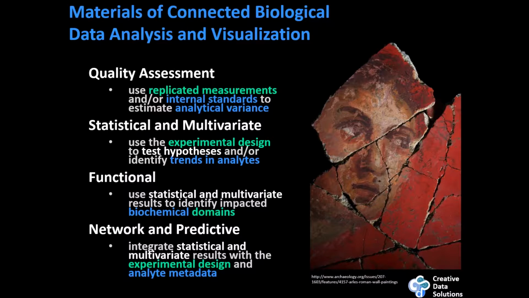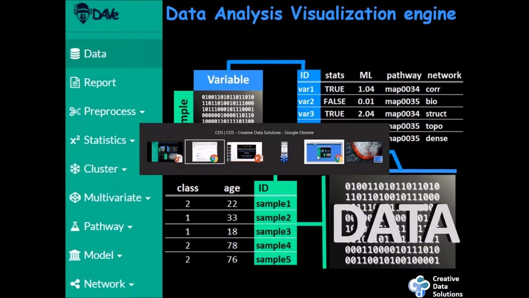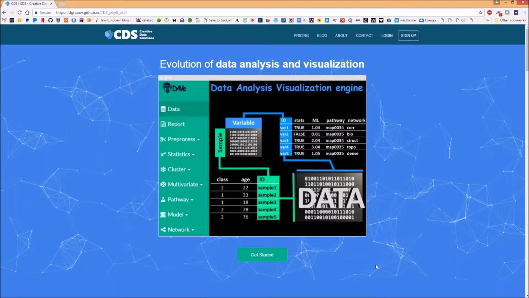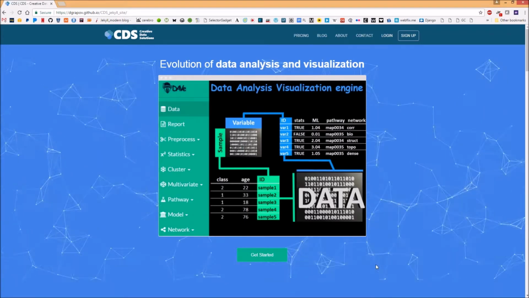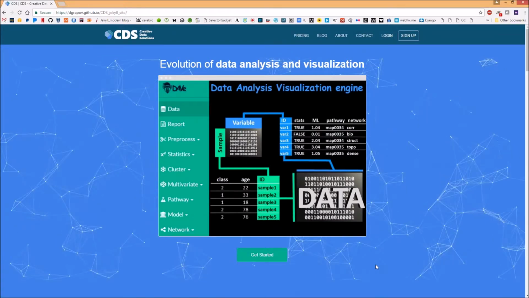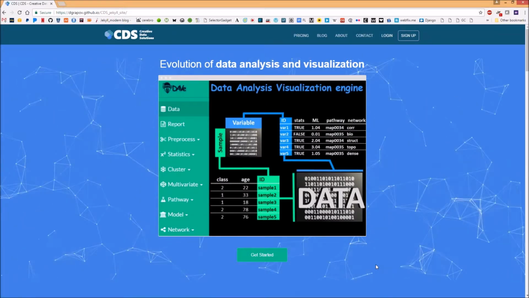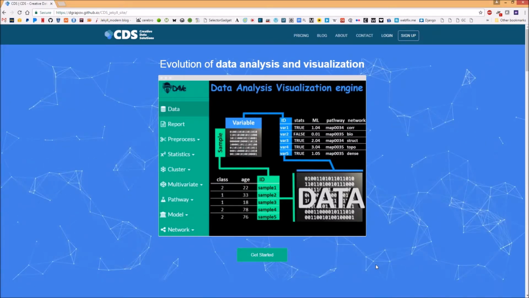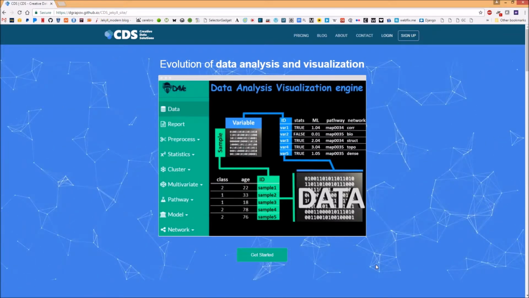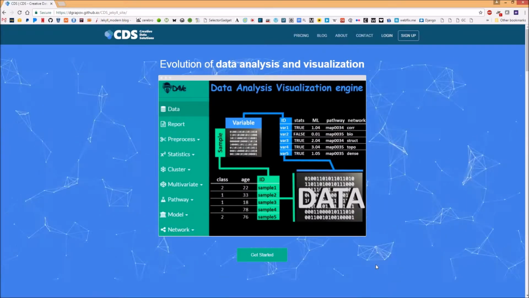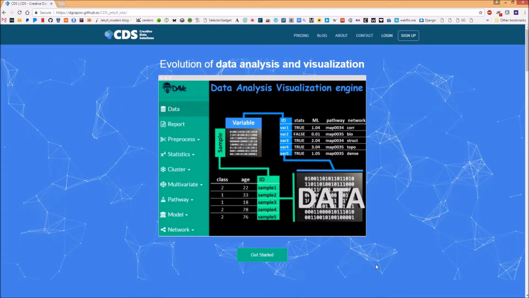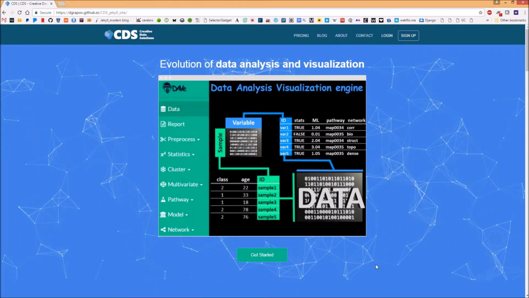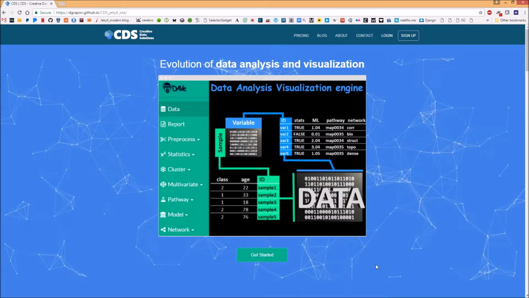I've been spending a lot of time thinking about how you can design software that allows you to integrate these various layers of analysis. So moving from data pre-processing to a statistical analysis, multivariate like clustering or PCA, incorporating functional tools like pathway modeling, and finally getting that all together within a network.